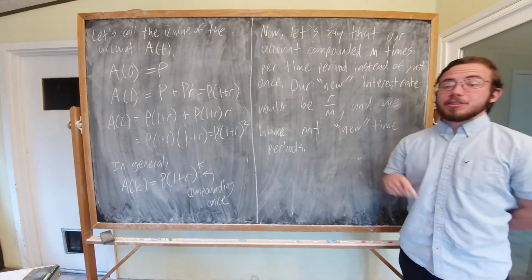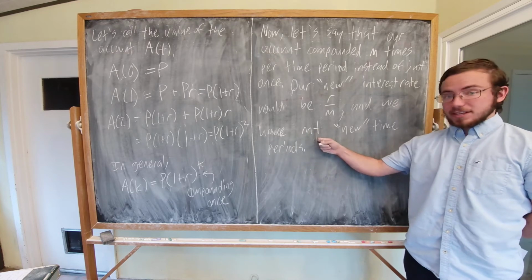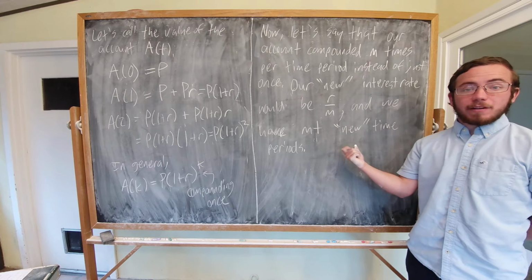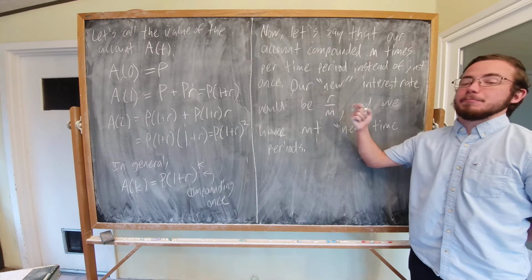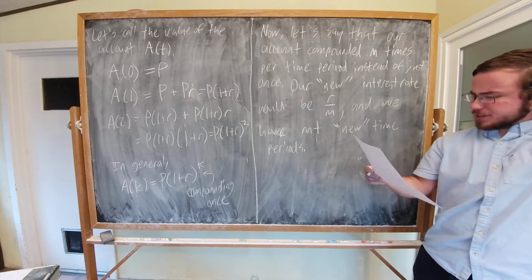So if I'm compounding 3 times per year, then over the course of 1 year I'd have 3 times 1 new time periods. And my interest rate for each of those would be my original interest rate divided by 3.